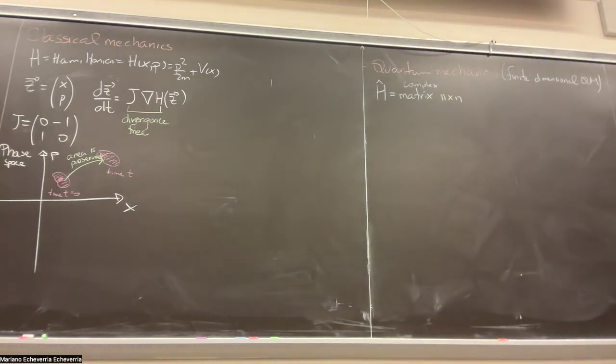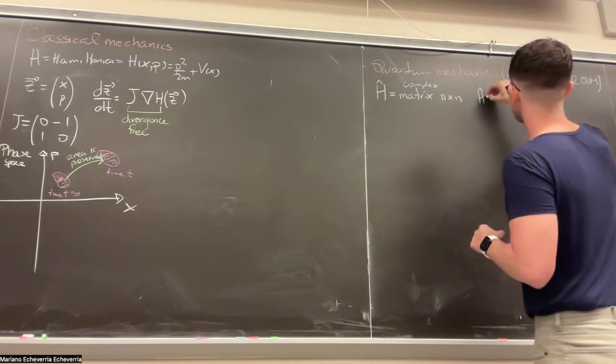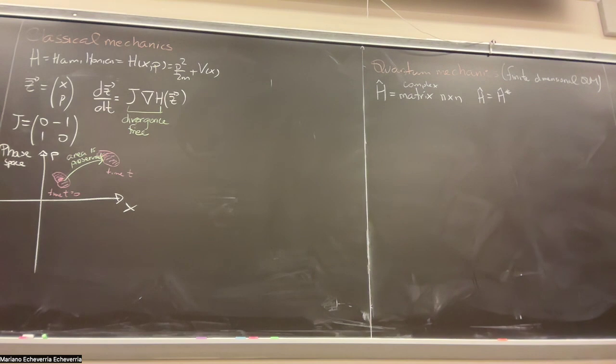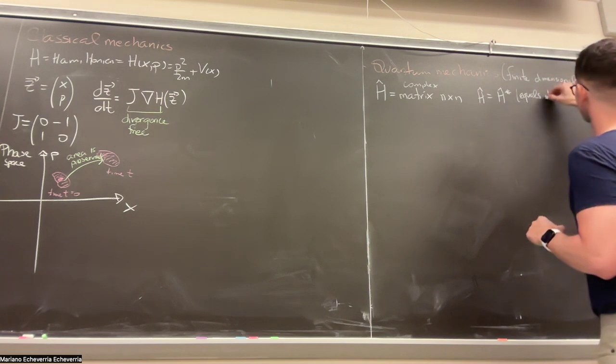But it is self-adjoint, like we have talked about before. So it's a self-adjoint matrix. The adjoint of a matrix was the conjugate transpose, right? So it equals its conjugate transpose.